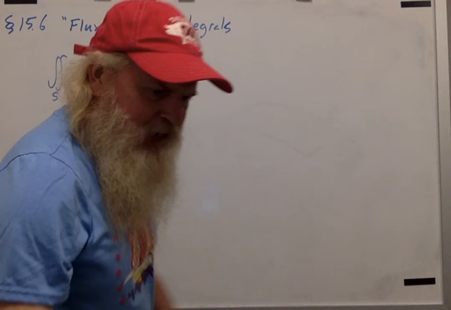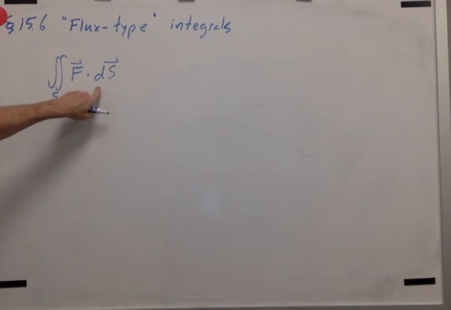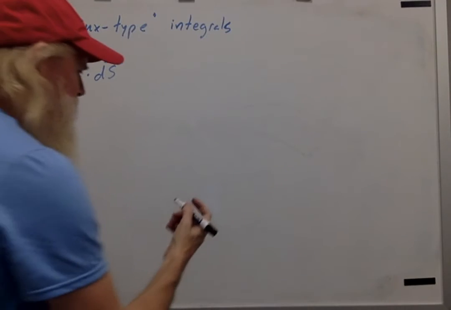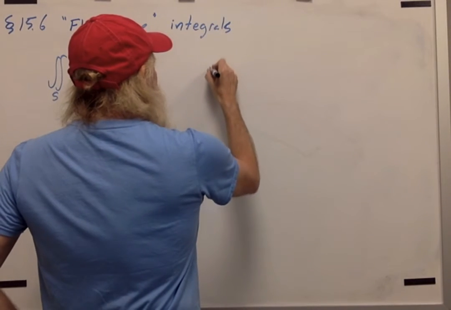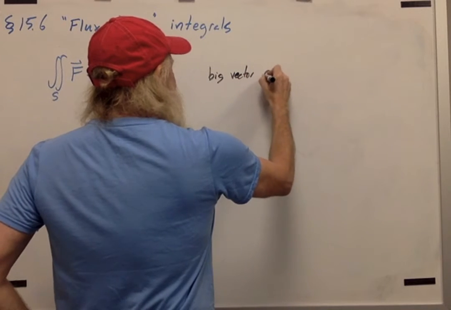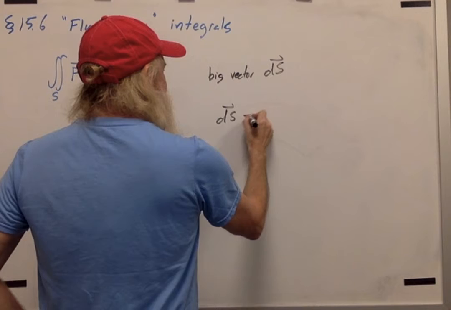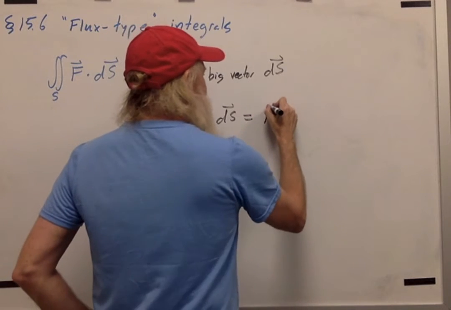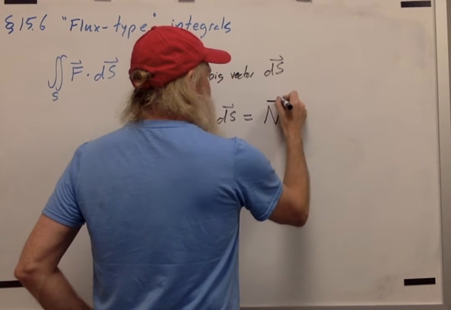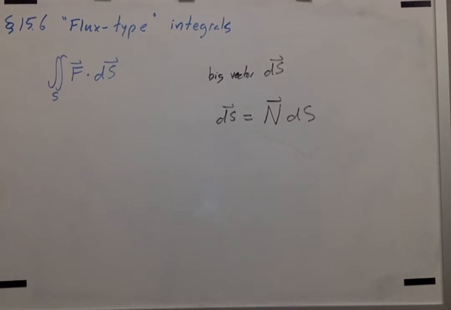So now with that technical condition aside, let me tell you a little bit more about what this dS is. The definition of big vector dS is it's equal to that unit normal vector times big scalar dS, the area element.